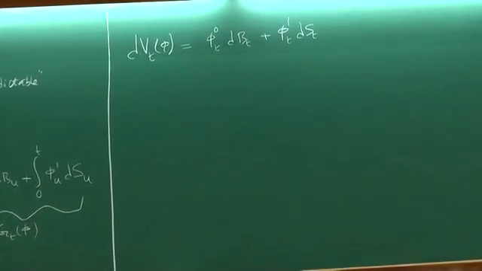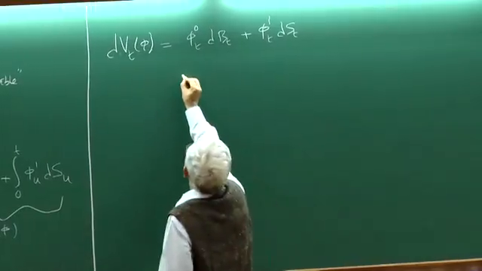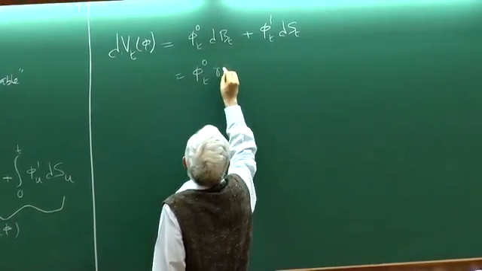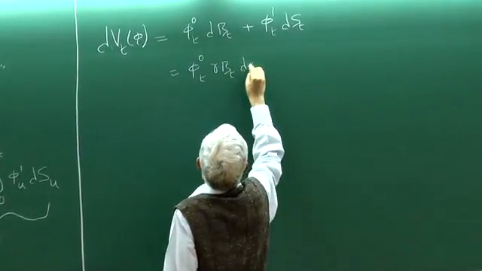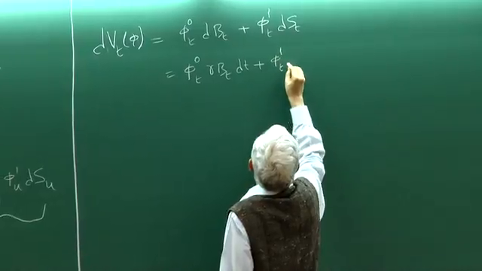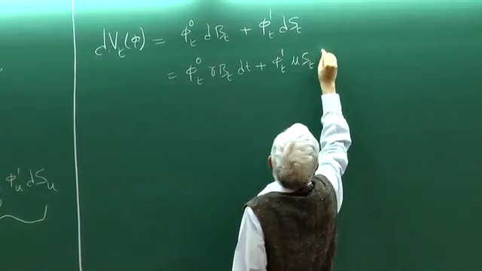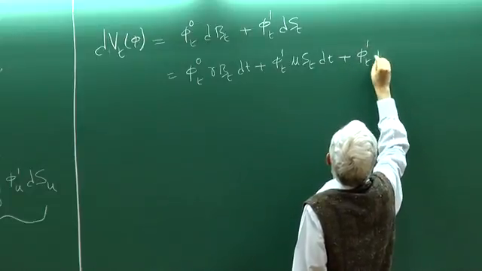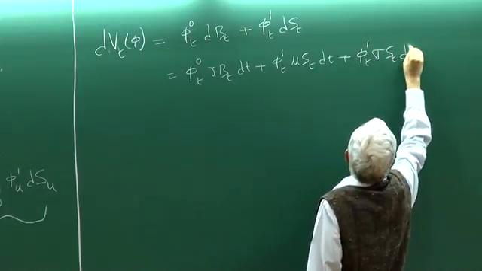Now I know what this is: phi 0 of t r B t dt plus phi 1 of t mu S t dt plus phi 1 of t sigma S t dW t.